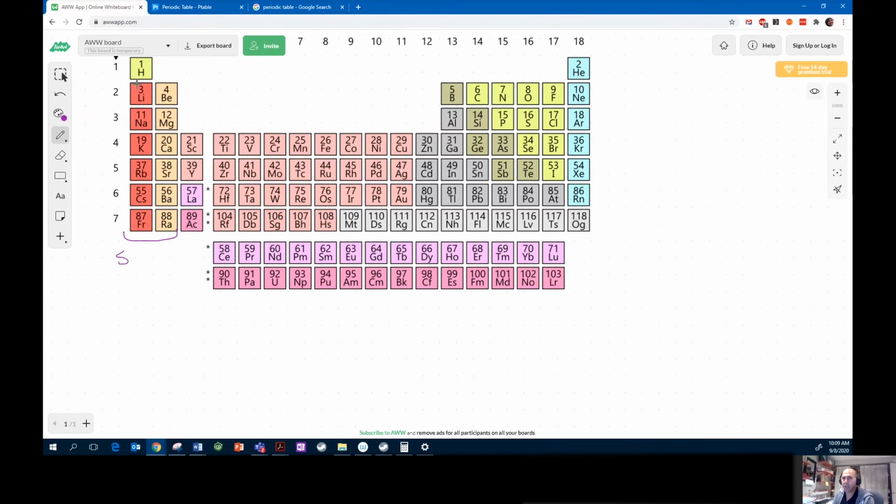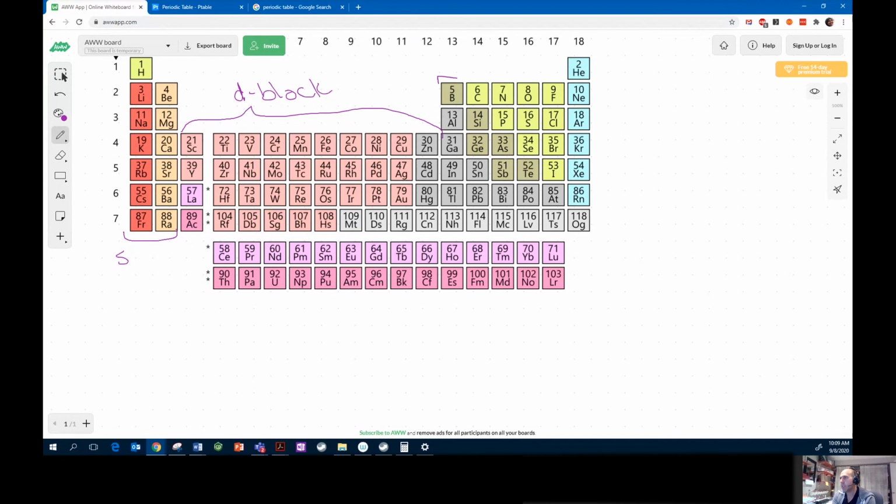So these guys all finish in s1, and these ones finish in s2. The transition metals, all the way here, this is the D block. So their valence electrons are all in d. And if you want to know which energy level in d, what the value of n is, it's always going to be the row number minus 1 for these guys.